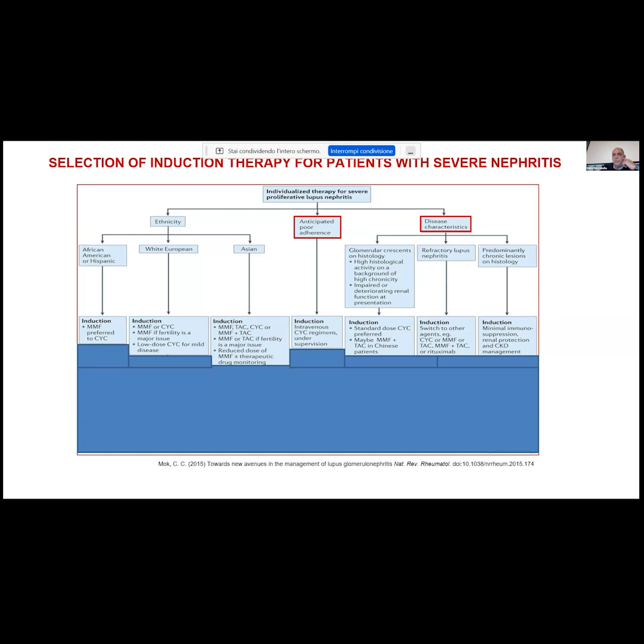Standard doses of cyclophosphamide are preferred for glomerular crescents.